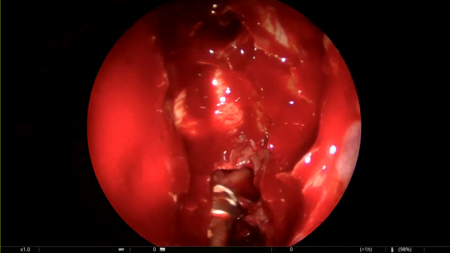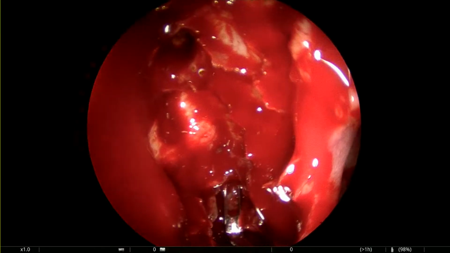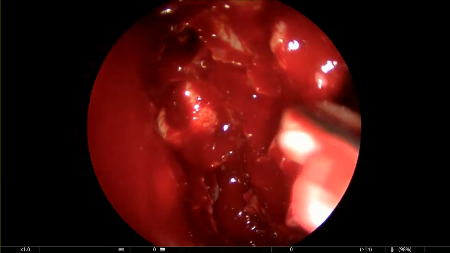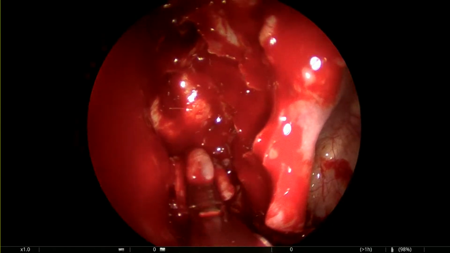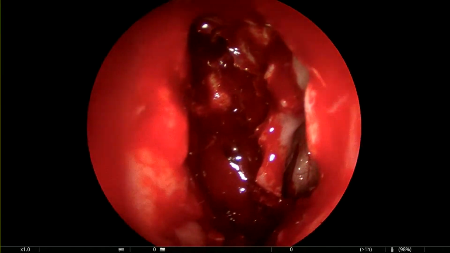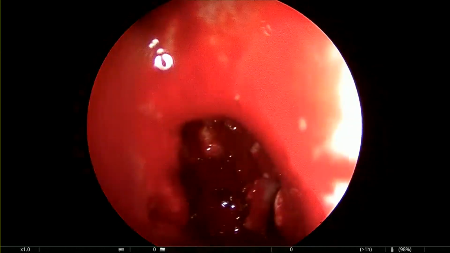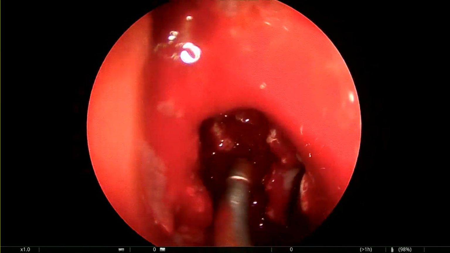Right. And I do a biopsy, secondary biopsy of the sphenoid. Okay. Yes. Irrigation. Cool.